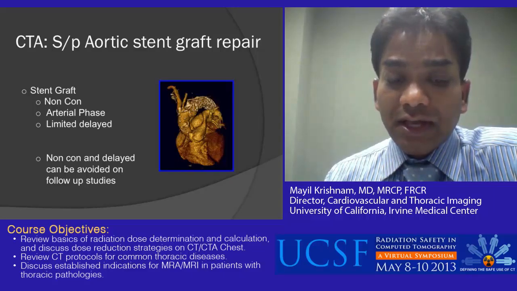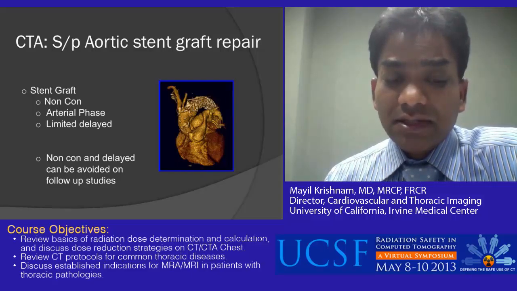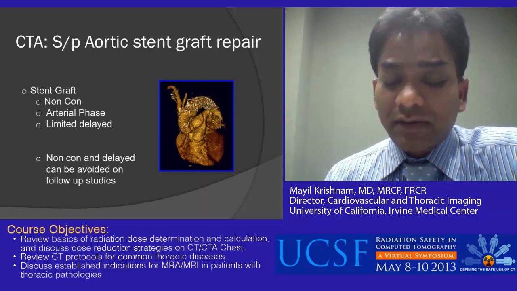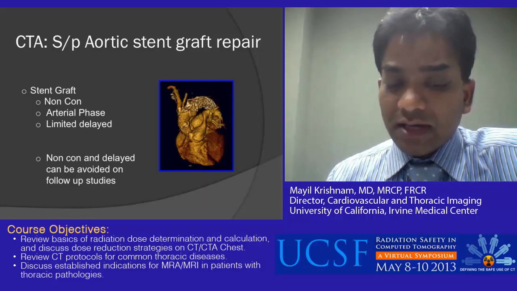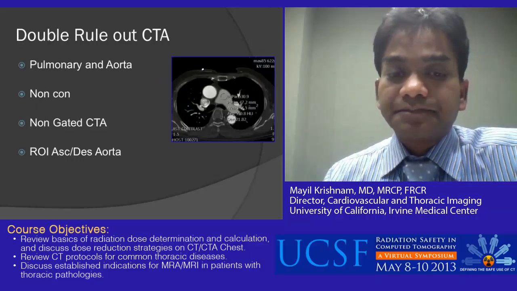However, on the follow-up study after the initial CT following this stent placement, one can potentially avoid the non-con and delayed phase scans. However, if the excluded sac expands on the arterial phase scan, then we should recommend a delayed scan to identify any small type 2 delayed endoleak. Next slide.